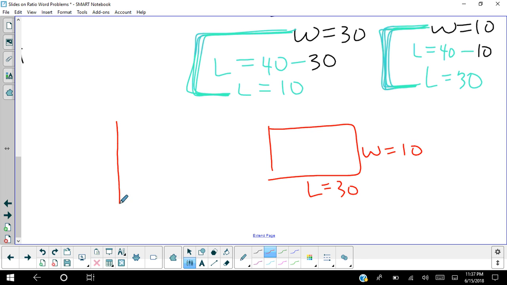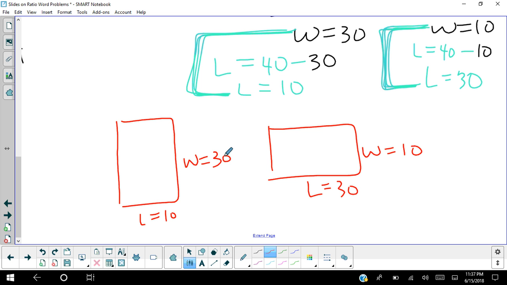Or I could just as easily think about it this way, where then you have L is 10 and W is 30. It's just a matter of how you rotate it and what you call the longer side. That doesn't matter. Okay? All right.